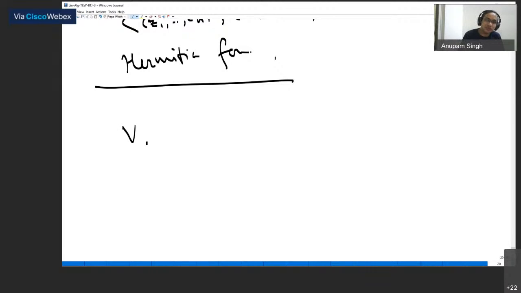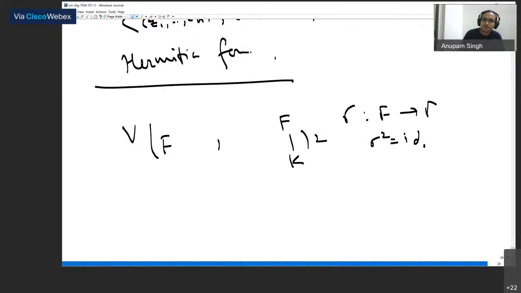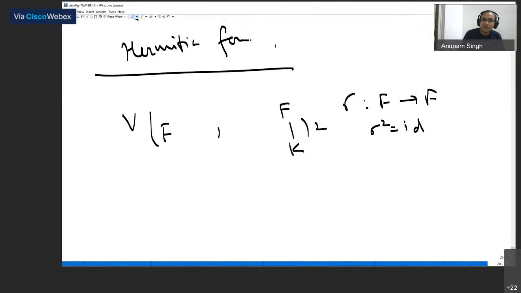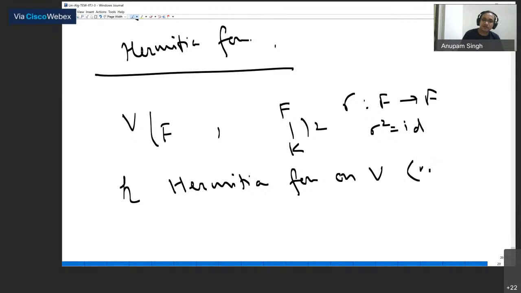So I have a vector space V over F, and F over K is degree 2, and sigma is an automorphism of F of degree 2. So sigma square is identity. Okay. And suppose I have H, a Hermitian form on V, which is non-degenerate.